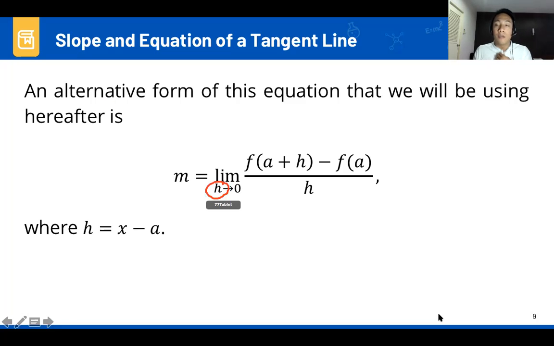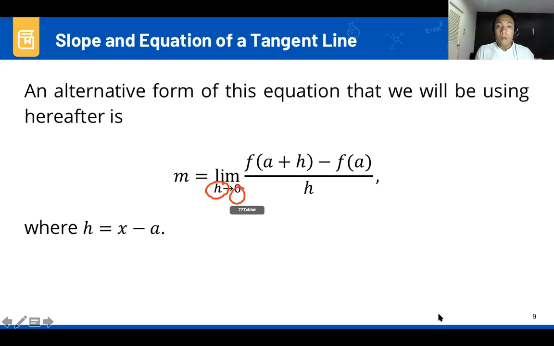Ngayon, h naman yung gagamitin natin. Okay? So, paano siya gagamitin? Or how can we use this one to find the derivative of a function? Okay? So you need to memorize first the formula, which is we have limit h is approaching 0. We have always 0 here.